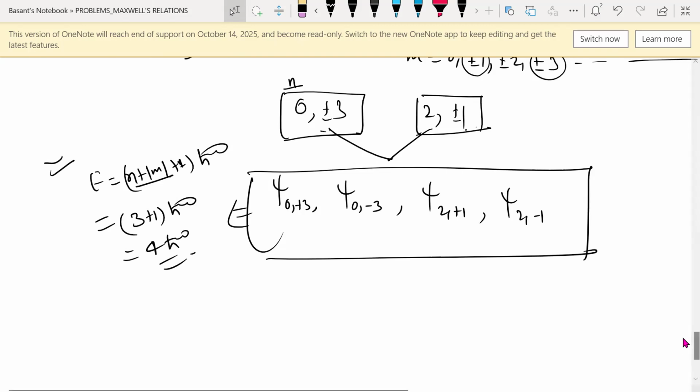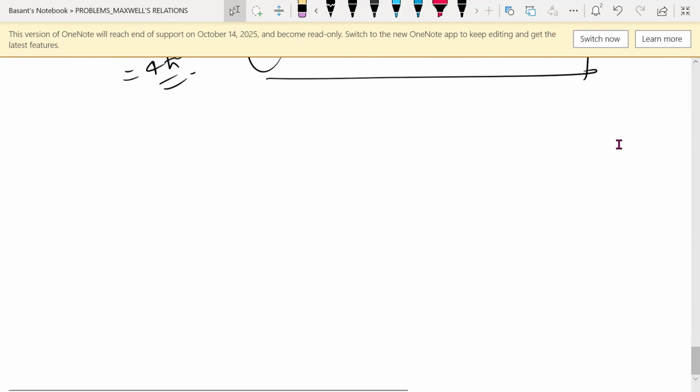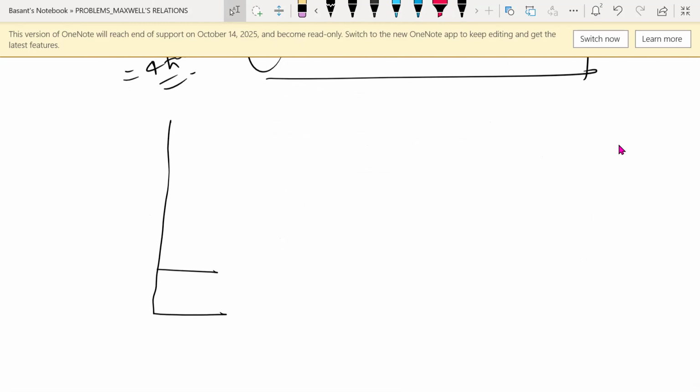Hence, up to this point, we have taken 4 levels and their degeneracies are as follows. For the ground state, the degeneracy is 1. For the first excited state, degeneracy is 2. For the second excited state, degeneracy is 3. And for the third excited state, degeneracy is 4.